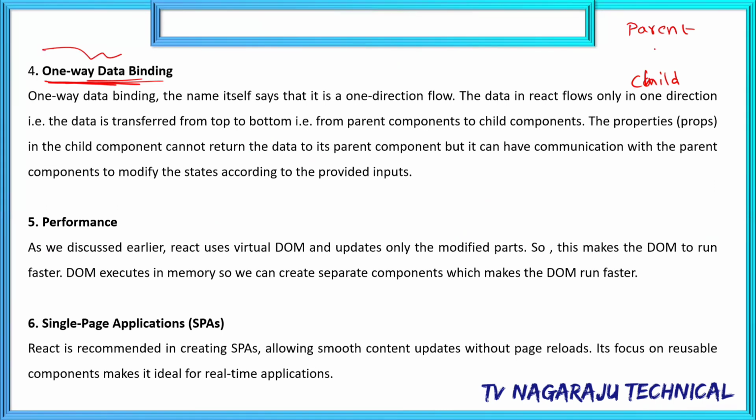The data is transferred from parent to child, top to bottom. Data in this sense, the property, is simply called props. Because of this component-based approach and the virtual DOM, the performance of React obviously increases.